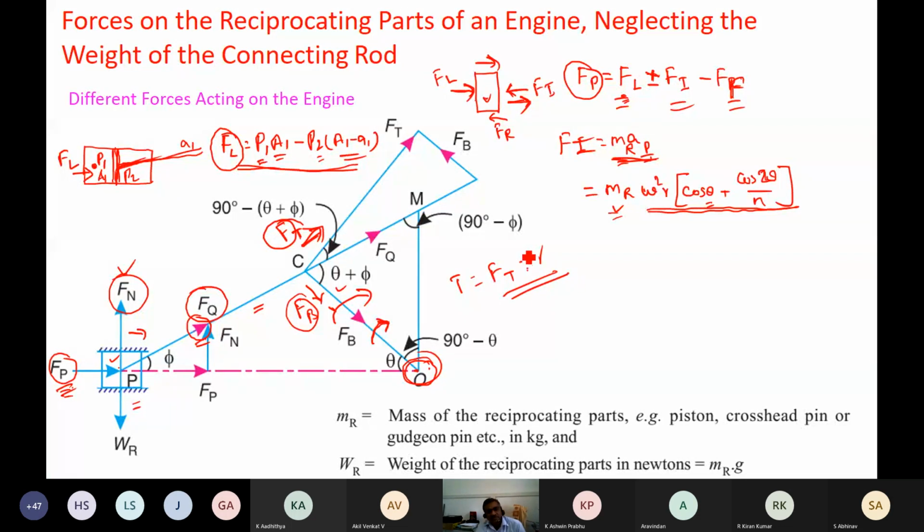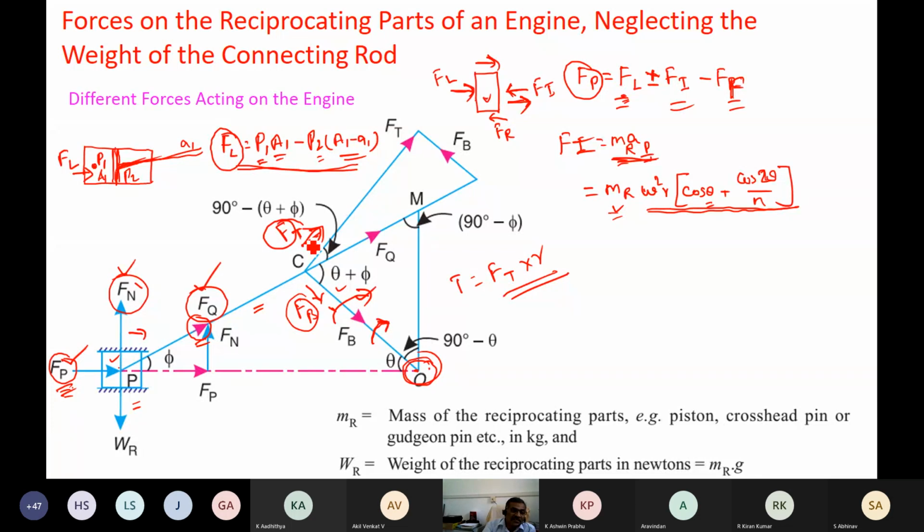So now we want to calculate the forces and torque acting in the connecting rod. First you have to find the value of Fp. After calculating that, you have to calculate the value of Fn. Fn is the normal force acting on the cylinder. What is Fq? Fq is the force acting on the connecting rod. What is Ft? Ft is the force acting tangential to the crank.